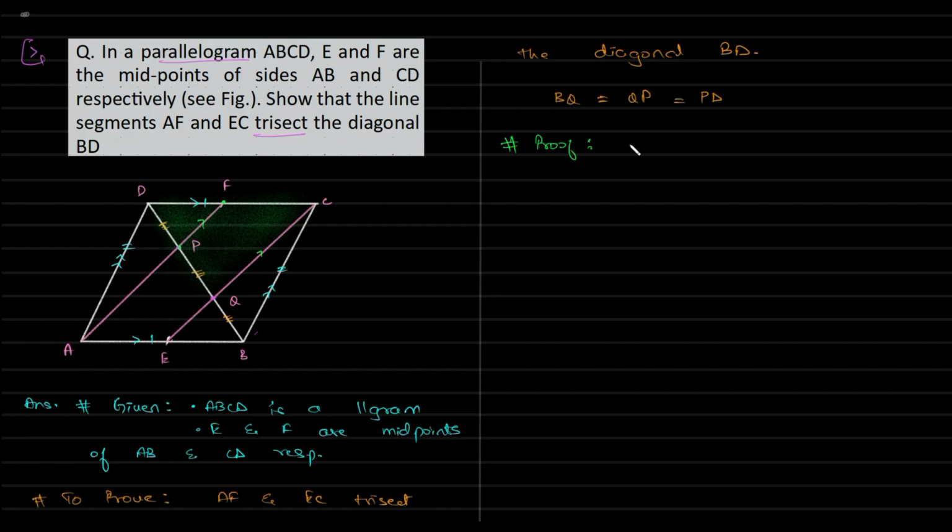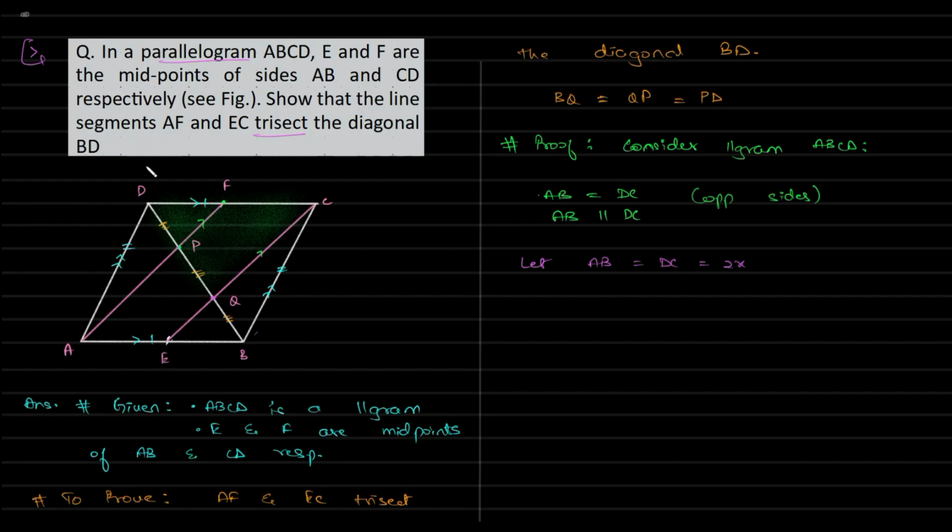So we have the proof. Let's begin. Consider parallelogram ABCD. So AB is equal to DC, opposite sides, and AB is parallel to DC. Let AB, which is equal to DC, be equal to 2x.